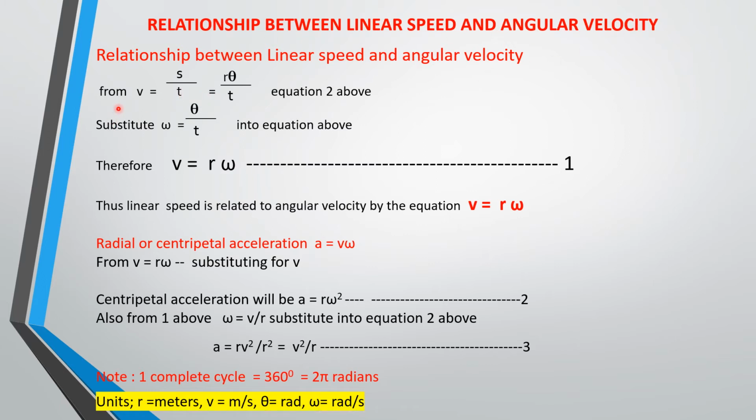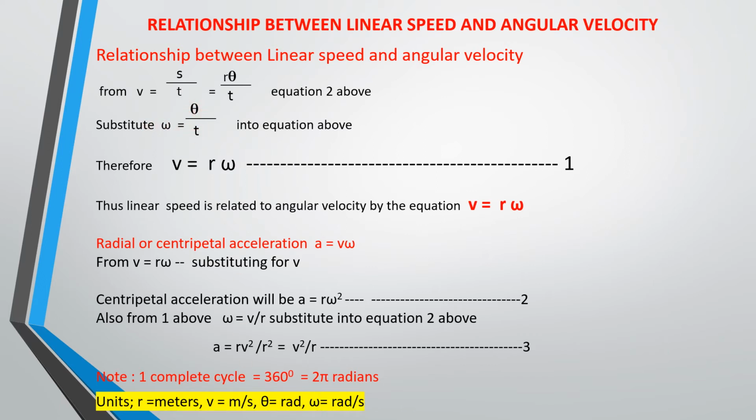We have said from our previous equation that our linear speed is equal to the displacement all over time, which is equal to radius times angular displacement all over time taken. That is what we got in equation 2. And we also said that angular velocity is equal to angular displacement all over time.